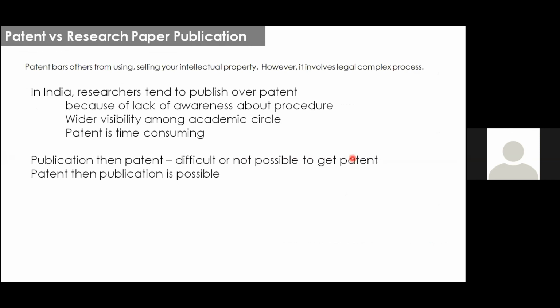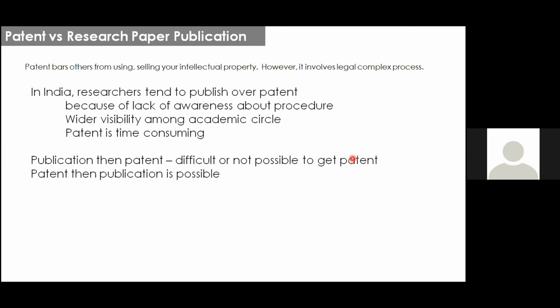Now we have seen what a patent is, and what the rules are for patenting microorganisms and microorganism based products. If we consider the Indian scenario, then most researchers, including me and including us, tend to publish over patent.